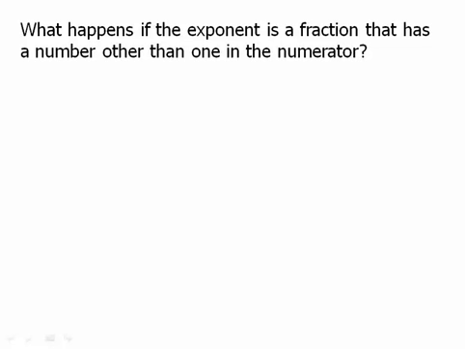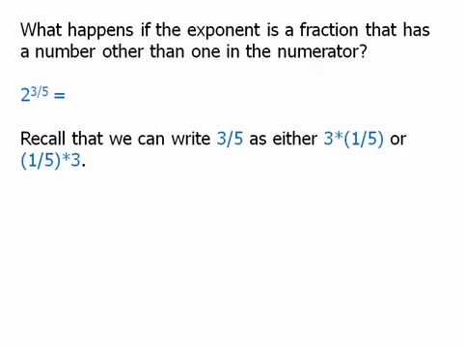What happens if the exponent is a fraction that has a number other than 1 in the numerator? So far, we've been looking only at fractions that have 1 in the numerator. What would happen if we had something like 2 to the 3/5? Well, remember, we can write 3/5 as either 3 times 1/5 or 1/5 times 3.